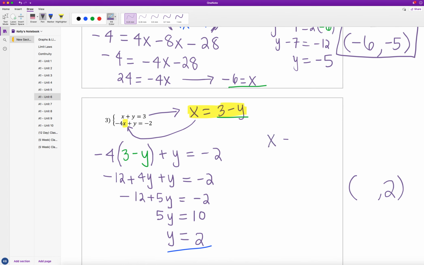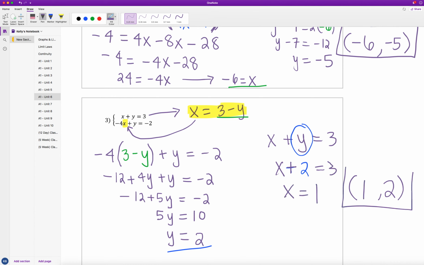So I'm going to use the first equation, x plus y equals 3, and substitute in 2 for our y value, since that's what y is equal to. When we do that, I get x plus 2 equals 3. Solving for x, if I subtract 2 over, I get that x equals 1. So our final answer here will be (1, 2).